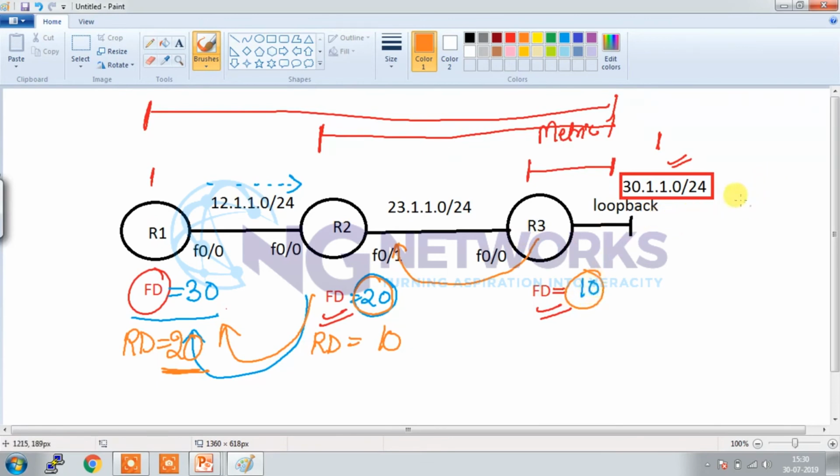There is no other router telling R3 about this network, so the RD will be 0. This is how every router calculates its FD and RD to reach the destination. FD is simply the metric from source to destination, and the RD is the distance reported by the neighbor.